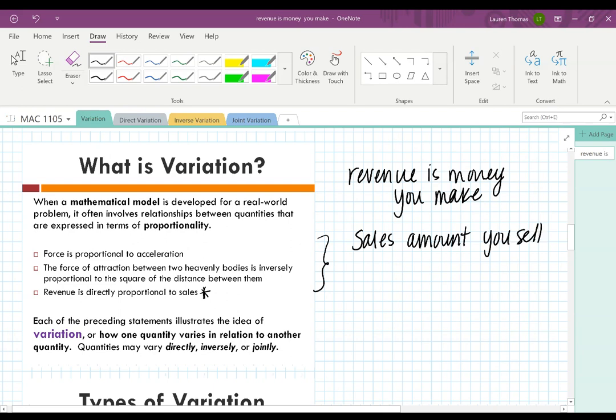If it's directly proportional, that means both of those quantities are moving in the same direction.